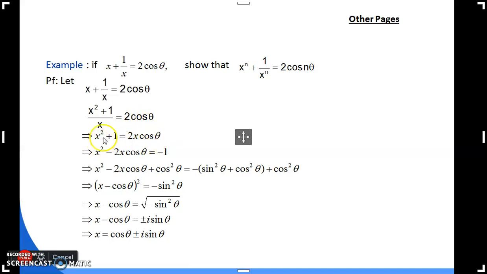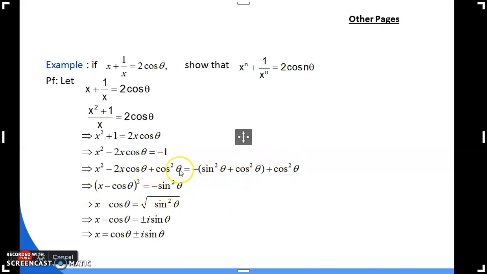Then bring this term to the left hand side: x square minus 2x cos theta equals minus 1. Then you add cos square theta on both sides, and in place of 1 you can write sin square theta plus cos square theta by using the trigonometric formula. Then open this bracket so that it will become minus cos square theta plus cos square theta. Both are cancelled. So minus sin square theta will be there.